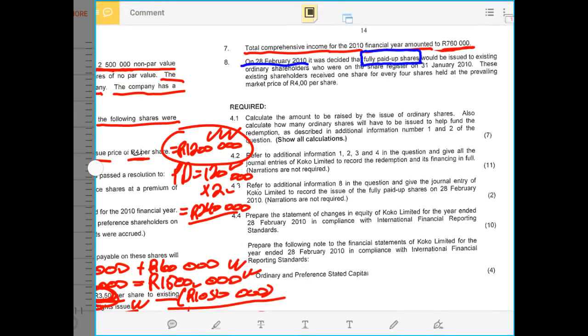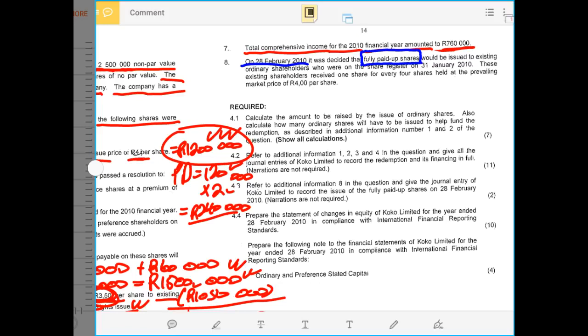So now that means the company will pay the shares on behalf of the existing shareholders who were on the share register on the 31st of January 2010. That means the company takes money out of their own reserve. They buy shares on behalf of the existing shareholders. That means now the company will take their own money.